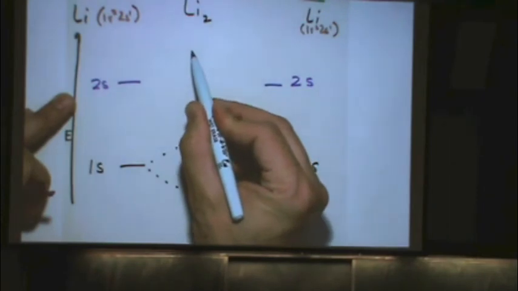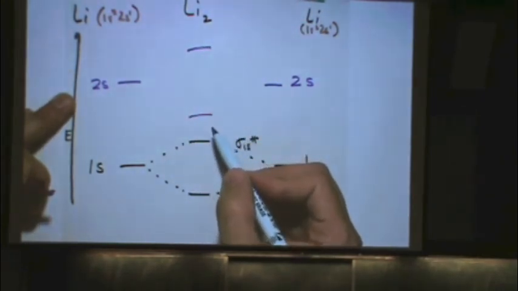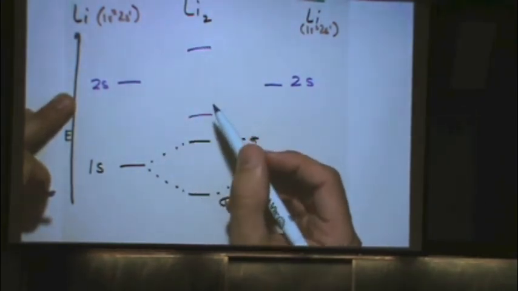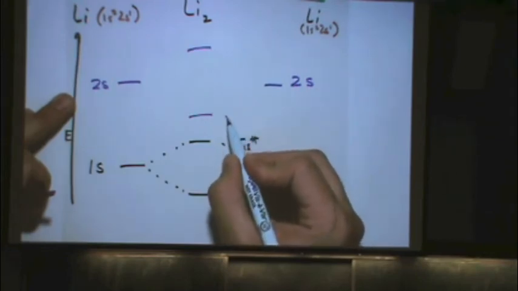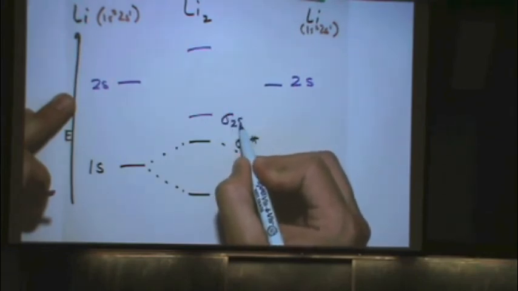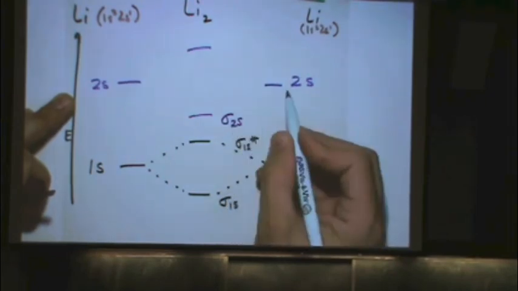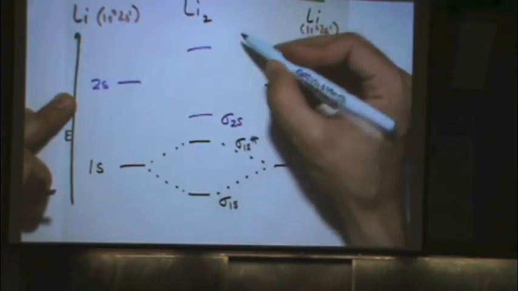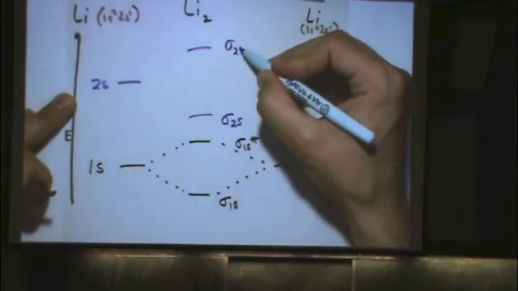Same though, 2s has two parts to its bond, a low energy and a high energy, or a bonding and an anti-bonding. Sigma 2s now is the lower one, because it comes from a 2s atomic orbital. And the high one is sigma 2s star.